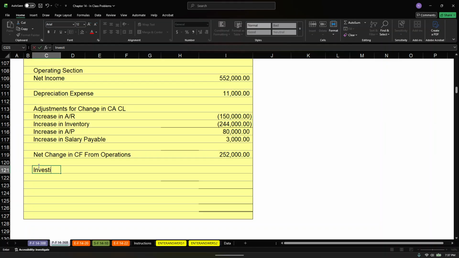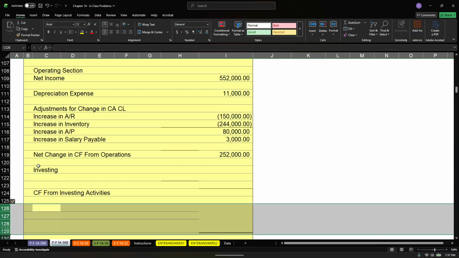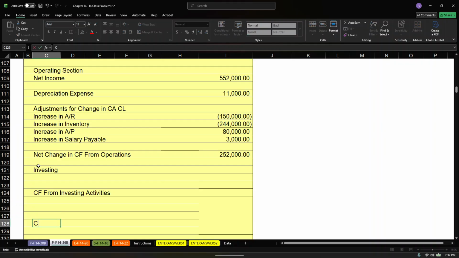This is quite simple for this one because there's only one investment that was made. What was the one transaction made for investing?